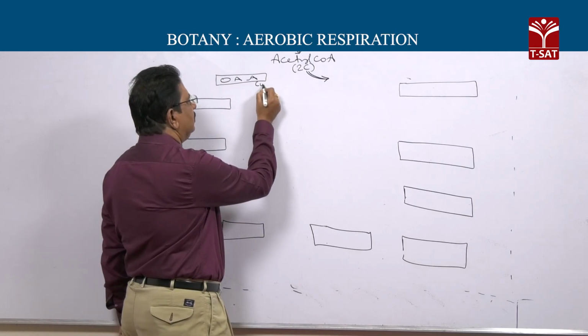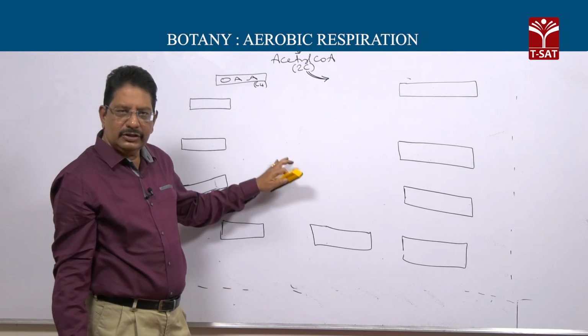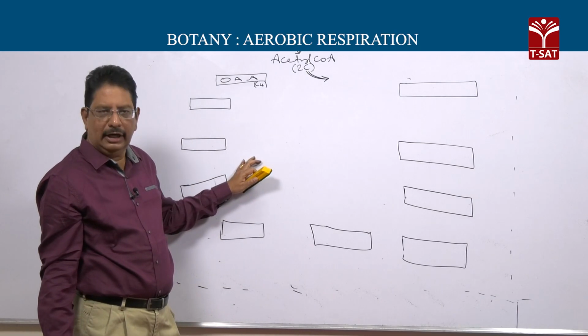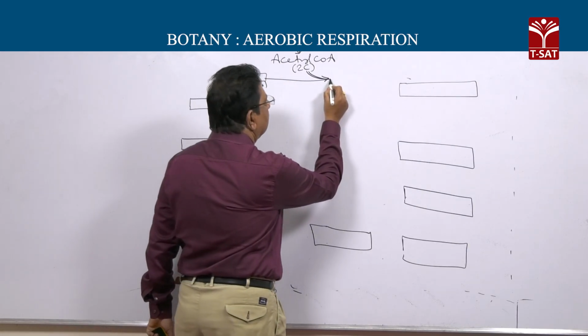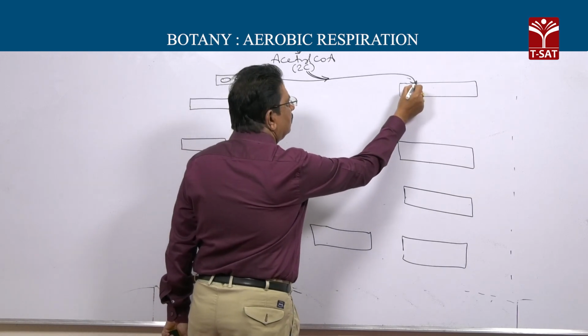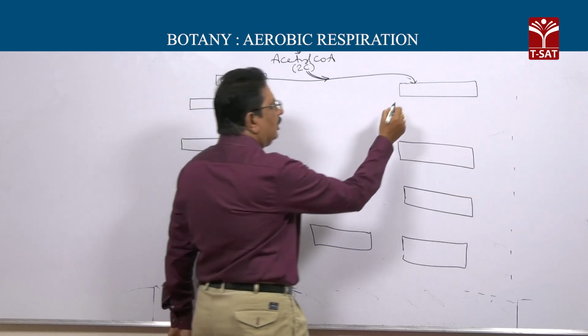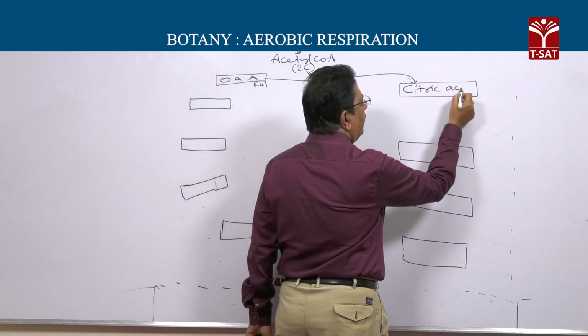Oxaloacetic acid is a C4 compound present naturally in the mitochondrial matrix, which reacts with acetyl coenzyme A and converts into the compound called citric acid.